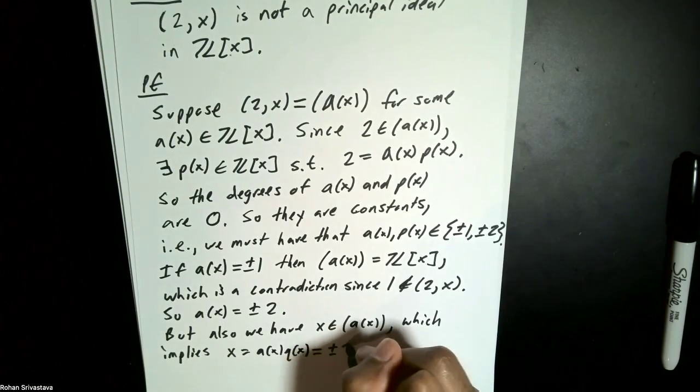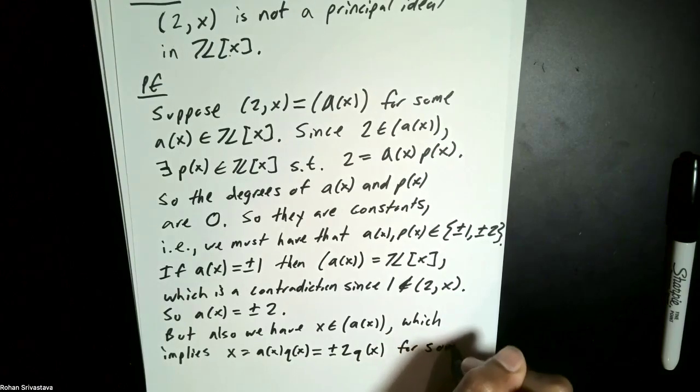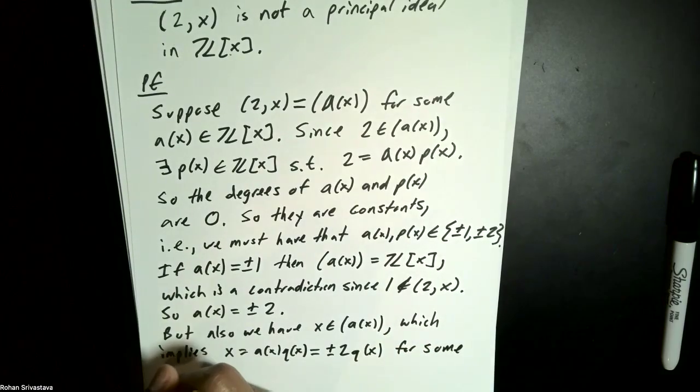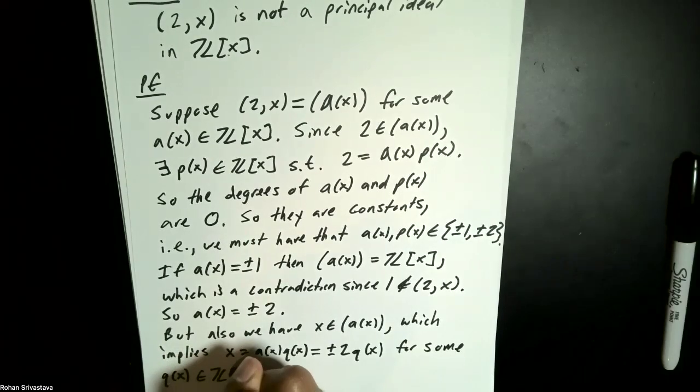It's plus or minus 2 times Q of X for some Q of X in Z adjoin X.